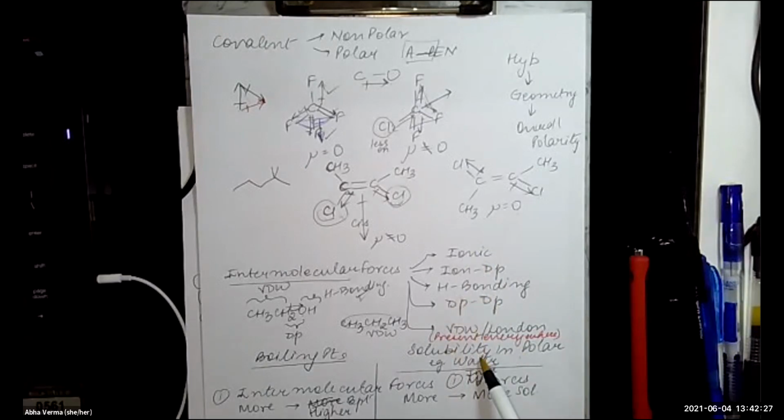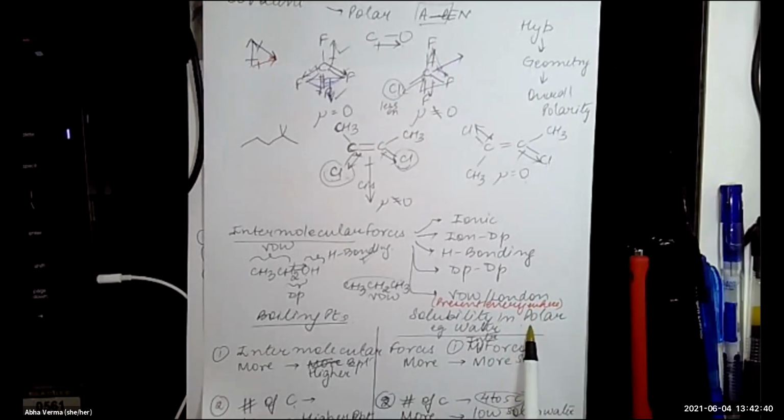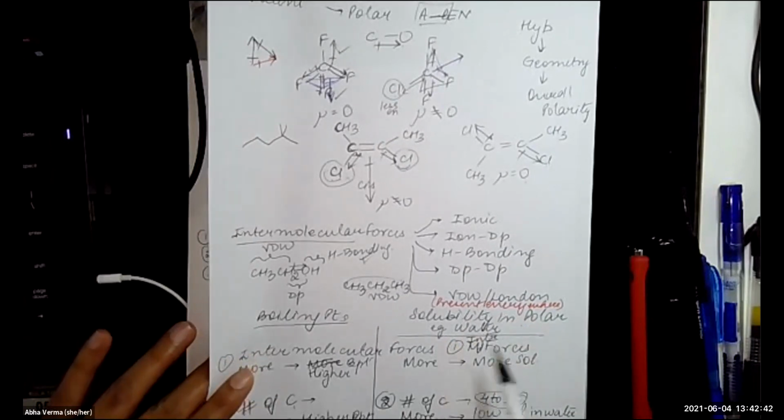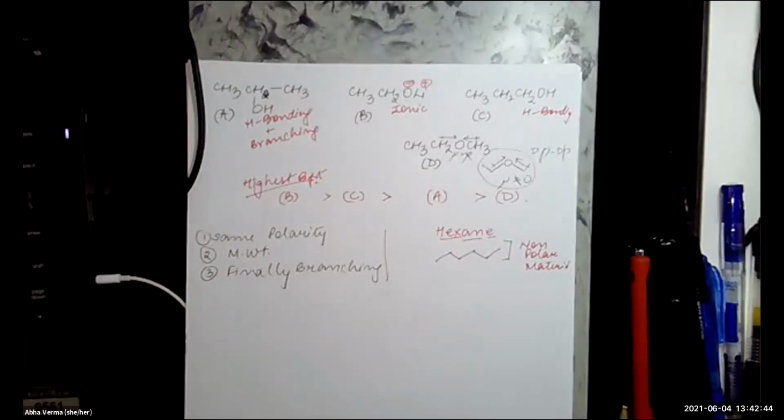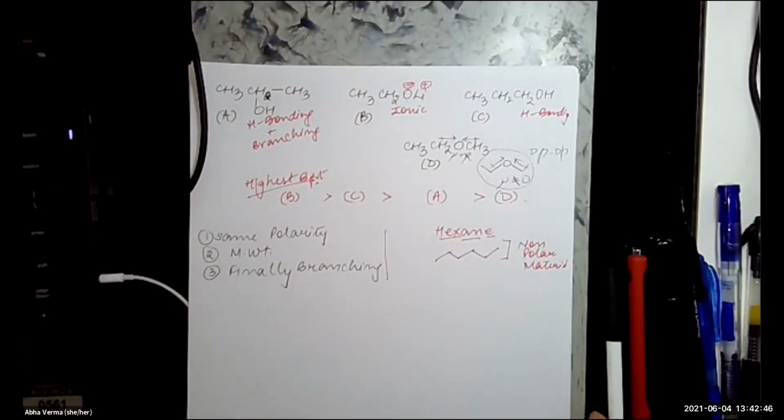Hydrogen bonding will also be giving you stronger solubilities. But the dipole-dipole interaction will give you the least solubility in polar materials. And hence, they will give you high solubility in non-polar material.